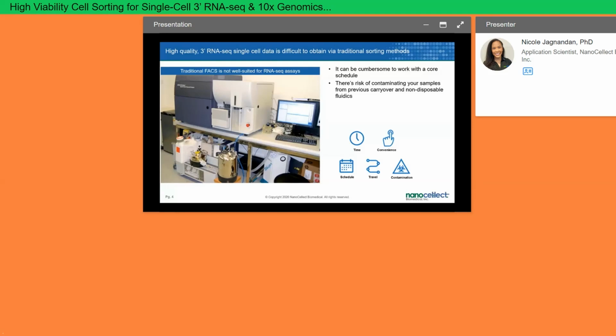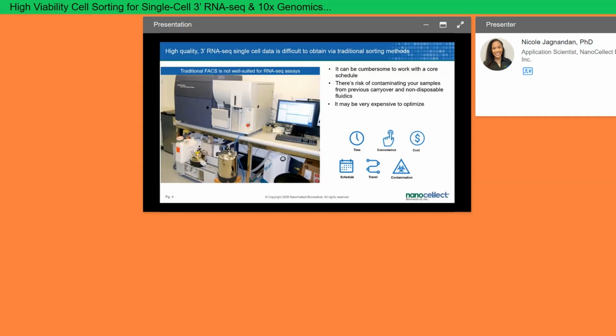Now, they do have cleaning methods, but that doesn't always guarantee that you're completely getting rid of free nucleic acids or free RNA that could be floating around and potentially contaminating your sample and therefore your sequencing data set. It can also be quite expensive to optimize if you're starting a new sequencing assay and have to figure out the correct settings or cell populations that you want to probe deeper into.